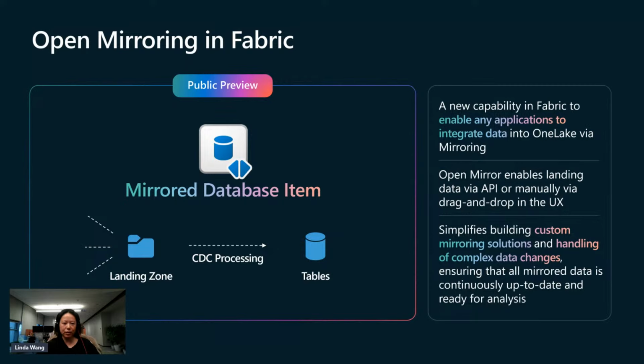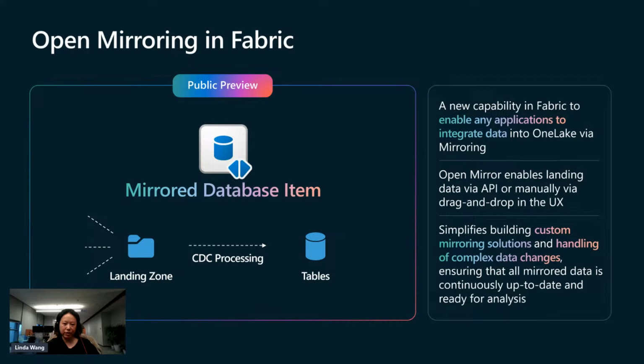On the left-hand side of the diagram, you see there's a landing zone, CDC processing, and tables. It's similar to what I shared in the earlier slide about database mirroring. The difference is that you can use various tools to drop the data into a landing zone from your source. You can use existing tools, or you can even use the UI drag and drop to land the data into the landing zone.